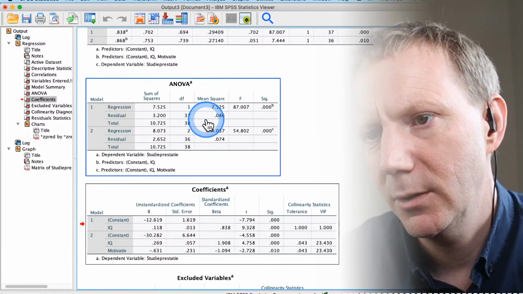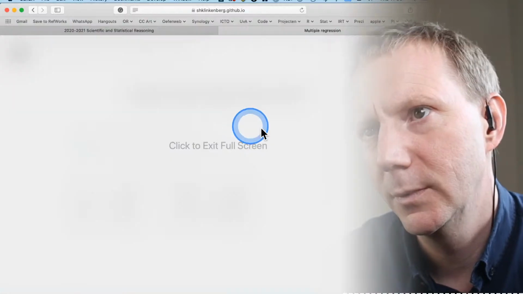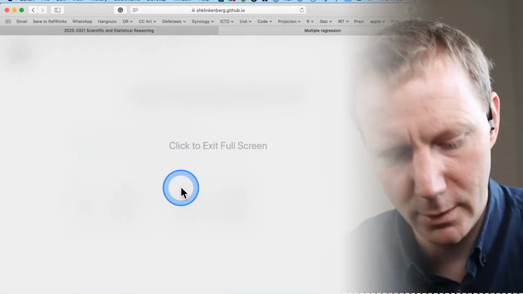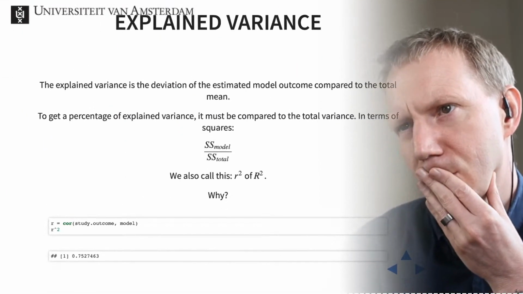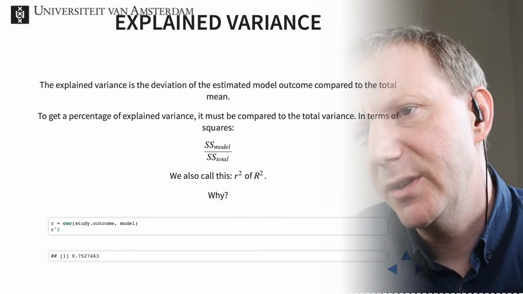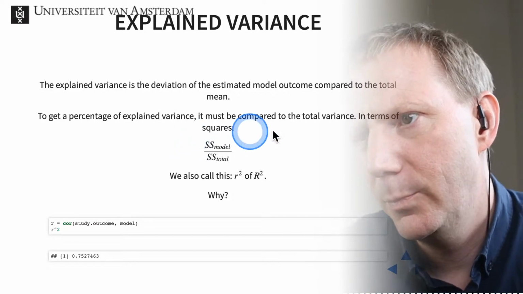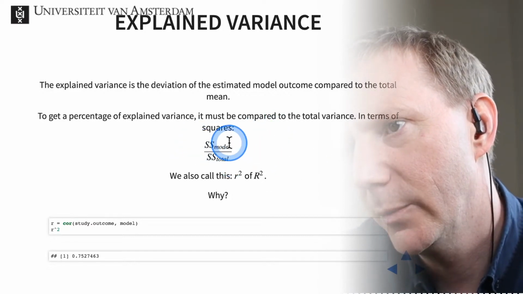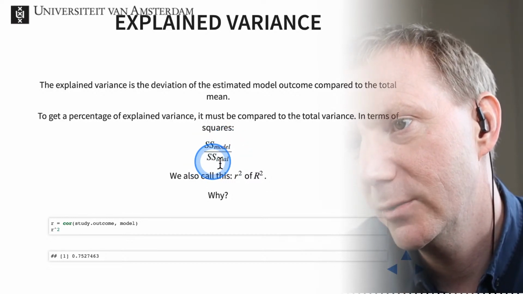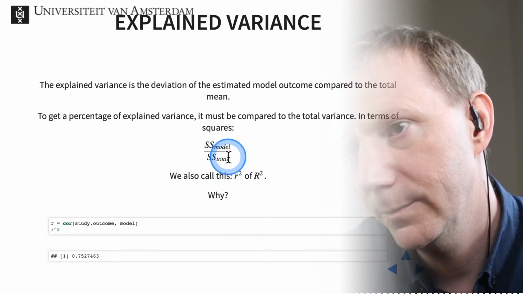Okay. So I think we're almost done. This explained variance part is defined by the sums of squares of the model in relation to the sums of squares of the total.